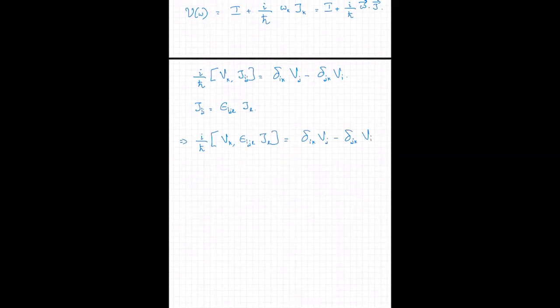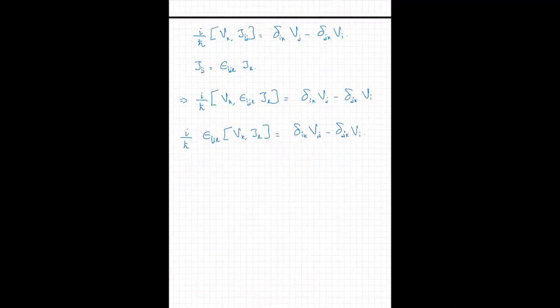The epsilon has nothing to do with the commutation, so I can pull the epsilon tensor out and write this as epsilon_ijl [V_k, J_l] is delta_ik V_j minus delta_jk V_i.